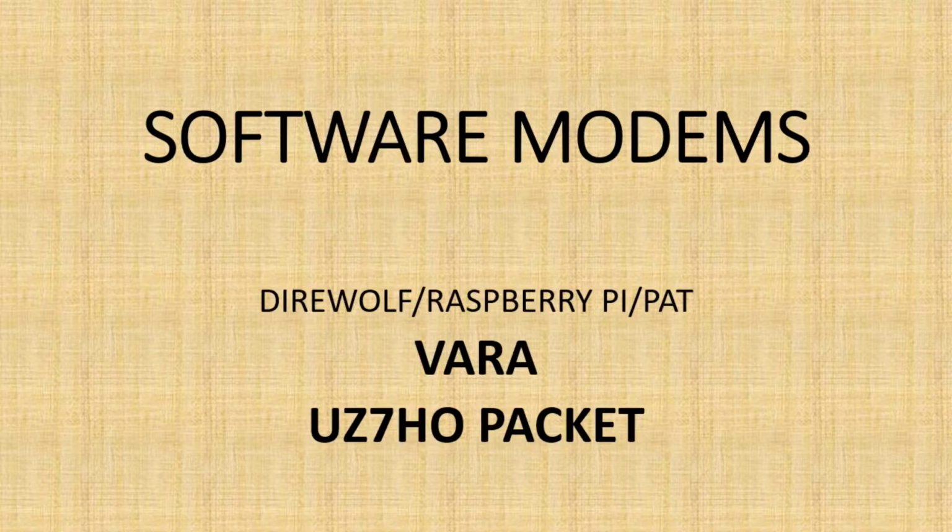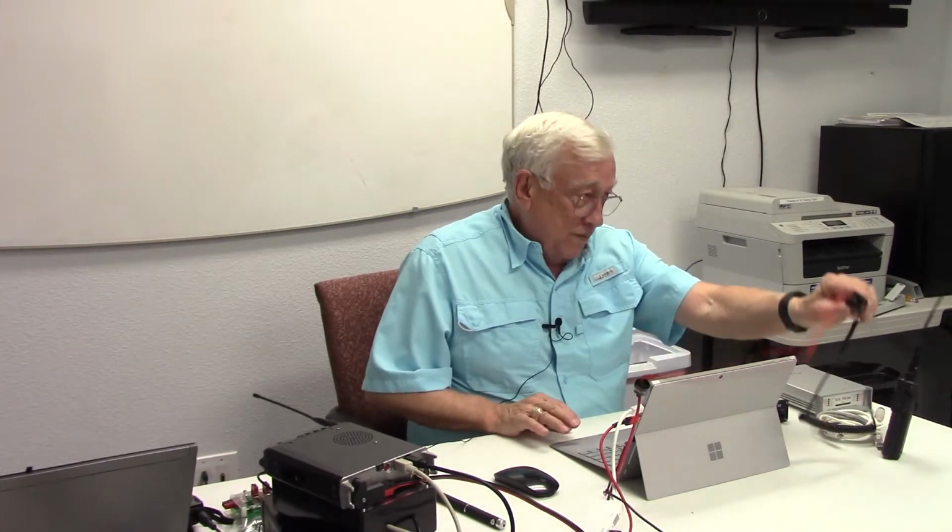The other is a software packet by a Ukrainian, UZ7HO. He has created AX.25 packet, which is what we've been using forever, but he's created it in a software package that runs with a sound card.